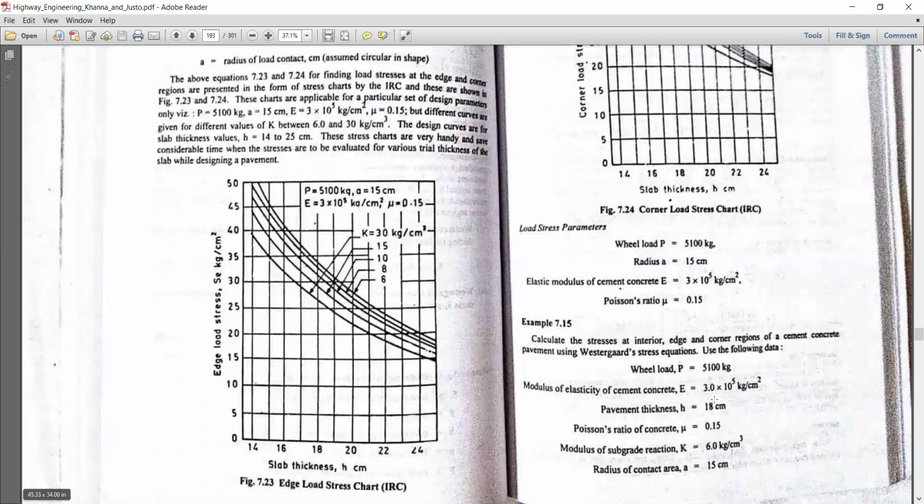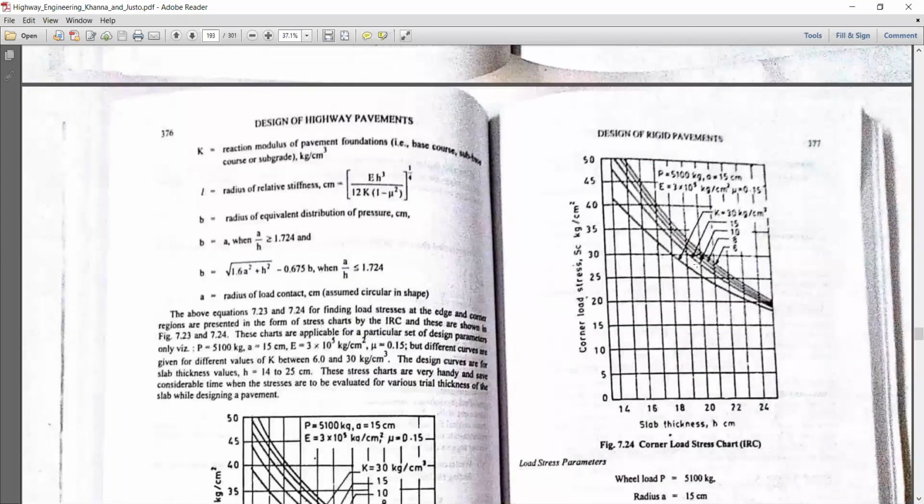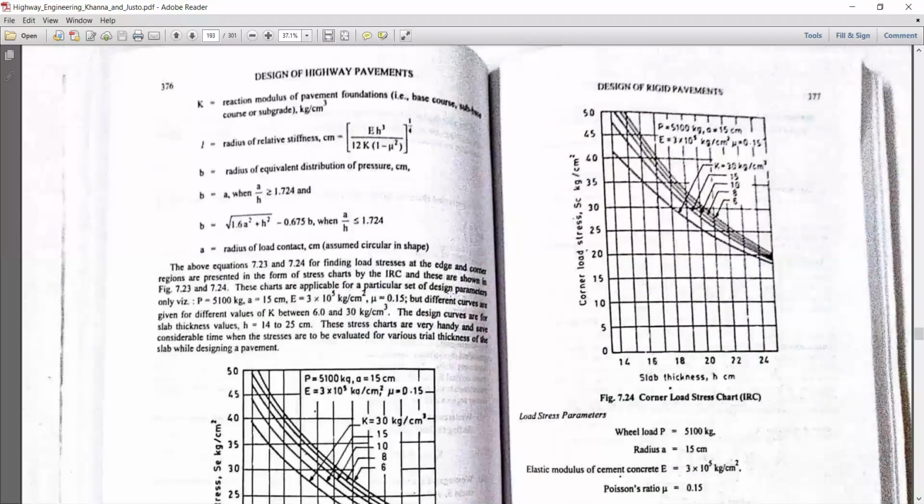H is 20 and K is 15. Again, second line, and you will end up here at 28 or 27. Yes, for corner region, load stress is given as 28 kg per centimeter square.